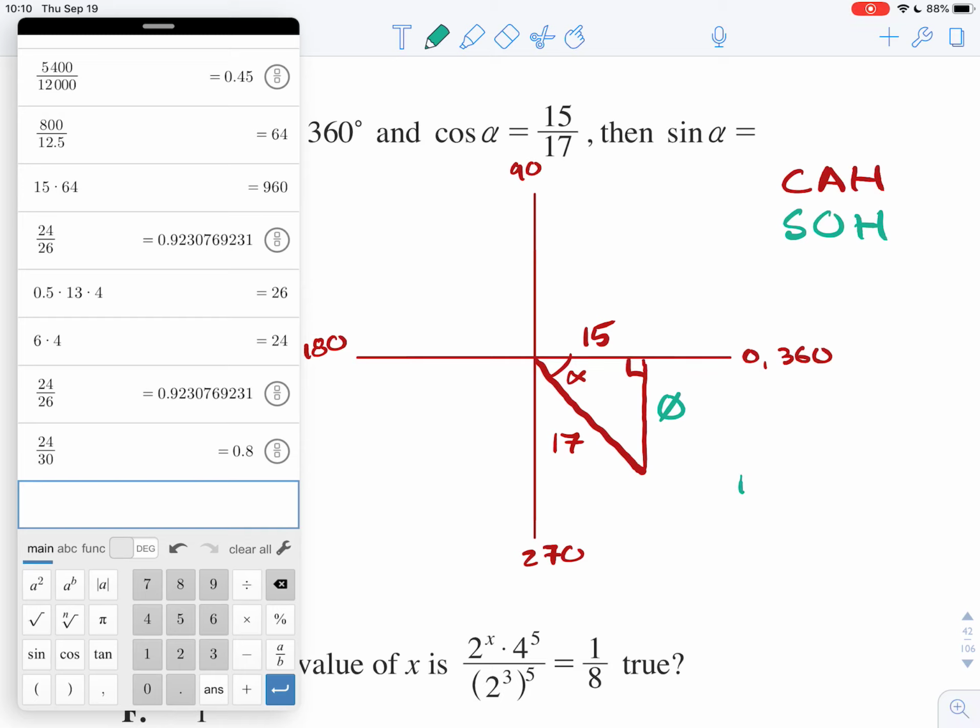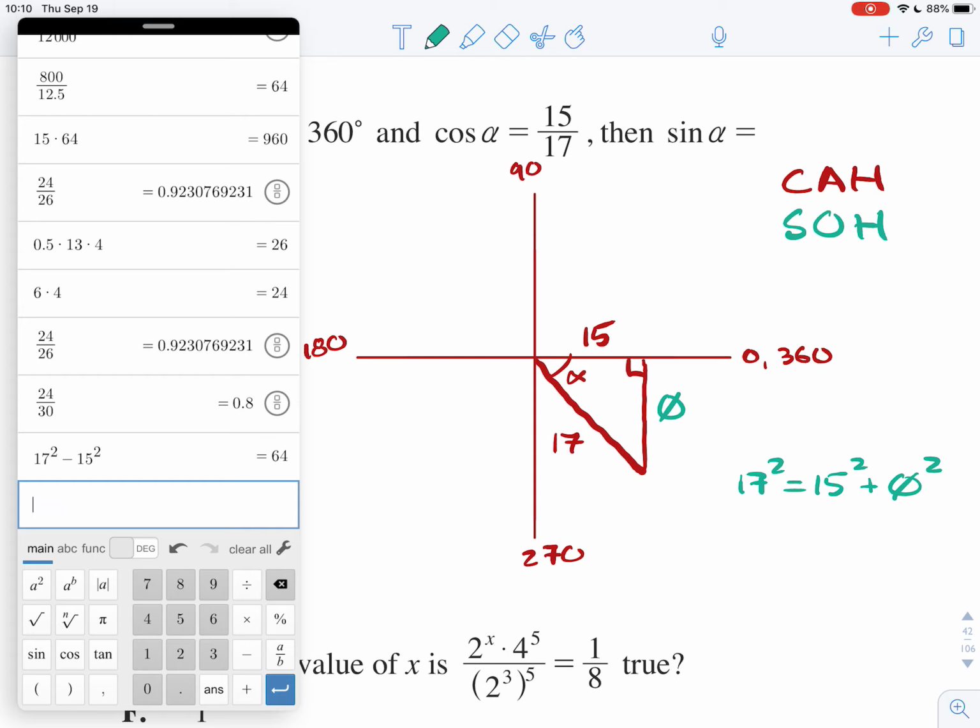That is going to tell us that 17 squared is equal to 15 squared plus that opposite side squared. So if we take 17 squared and we subtract 15 squared, we get 64. So great. That tells us opposite squared is 64. Take the square root of both sides, and opposite side is 8.